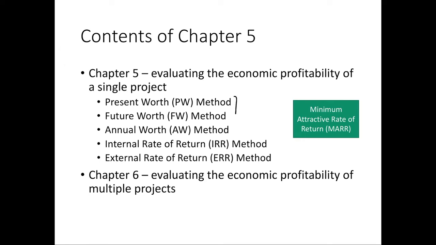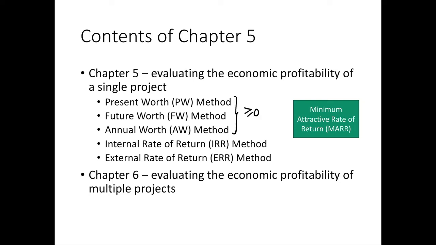And these 3 methods, they are just to use the methods we have learned in chapter 4. You convert everything to either present or to the future or to every year, and then you want to compare if that value is bigger or equal to 0.